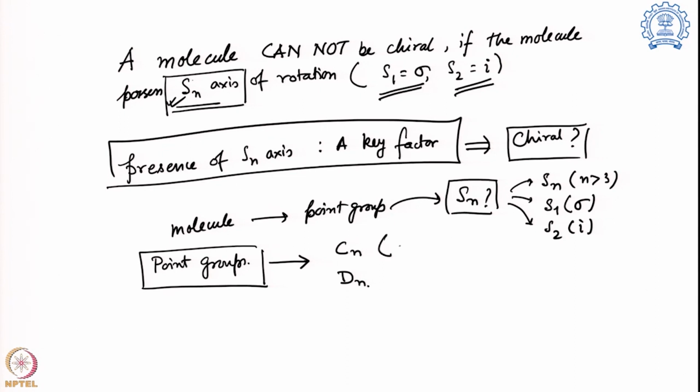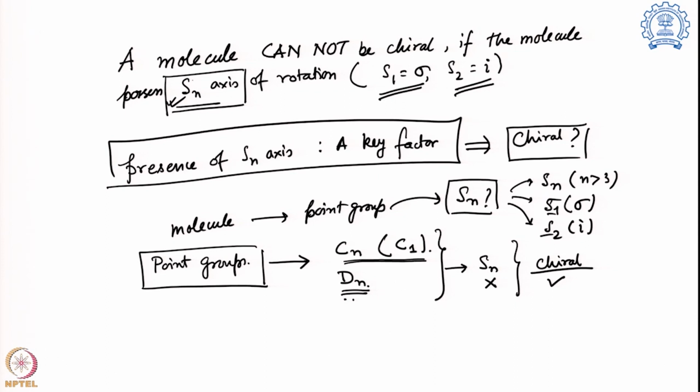And over here one of the extensions is C1, where the molecules are totally asymmetric and do not have any symmetry element present other than the identity operator, that is Cn where n equal to 1. So, if you have a Cn or Dn point group molecule, that means it does not have any Sn axis of rotation, where n equal to 1, 2, 3 or greater, and that means this molecule will be chiral in nature. So, only Cn and Dn point group molecules can be chiral, and C1 is a special case of Cn.